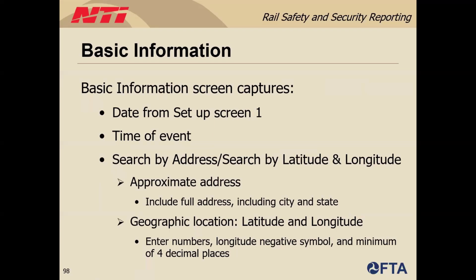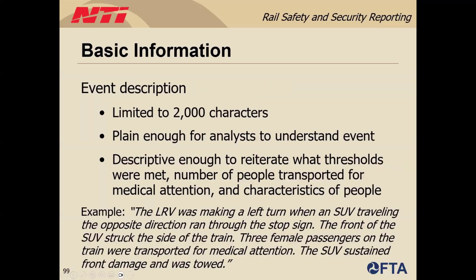You enter in the approximate address. You can search by address. You can search by lat long for your longitude and latitude sections to be completed. And you also can use your approximate address field. Like I said, you can type in your own address and let the system find the coordinates for you.